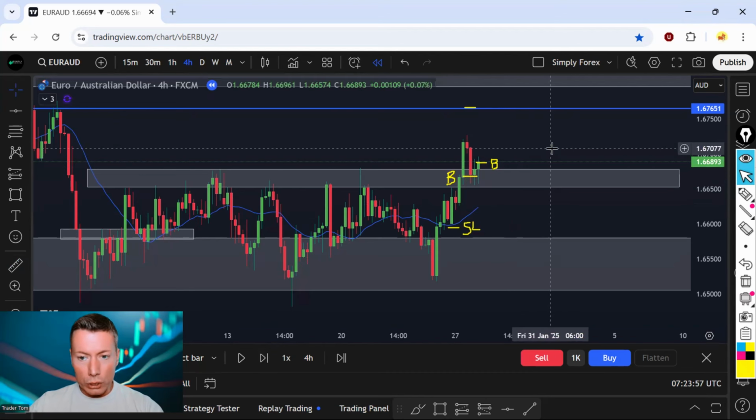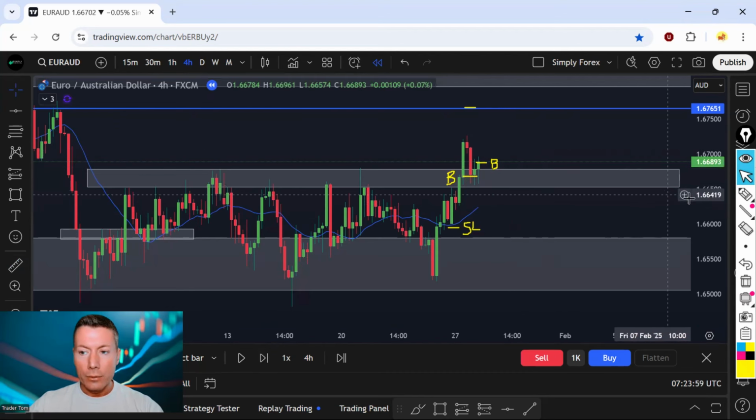But what I would suggest is that we can be more aggressive with our stop loss in this scenario, okay? Because we've had that bullish reaction, right? We could potentially move our stop loss, as the moving average 20 comes round, we could move our stop loss up to here, right? Because we've had that bullish reaction.